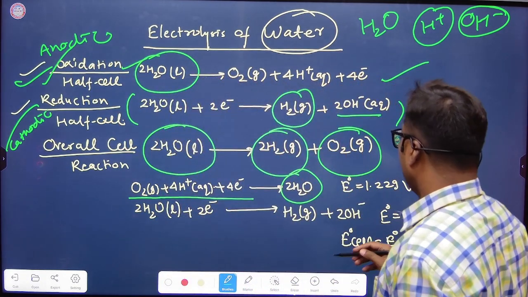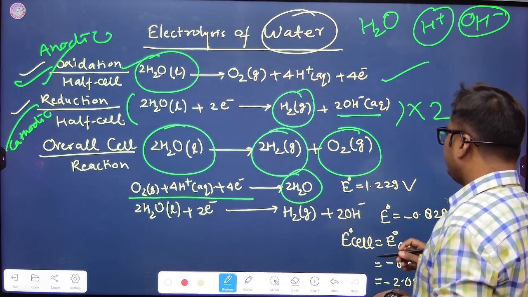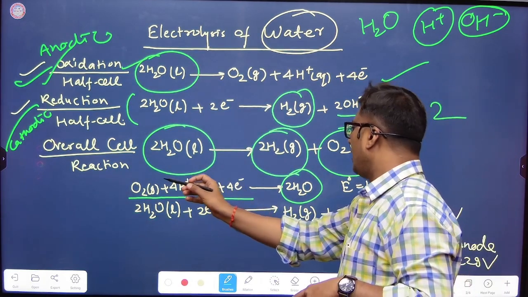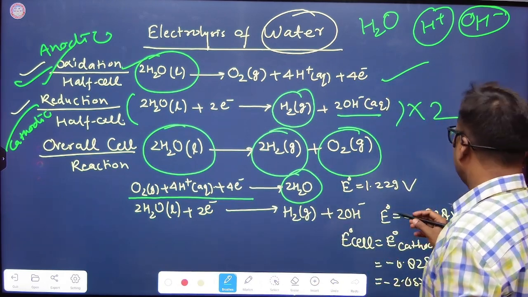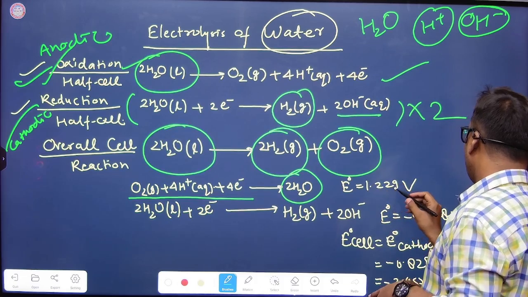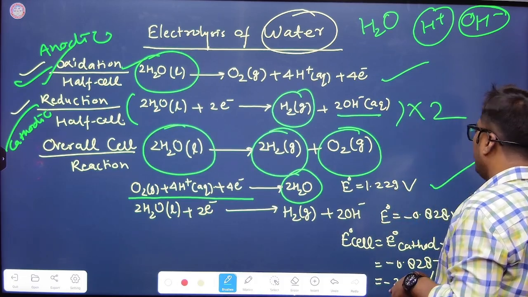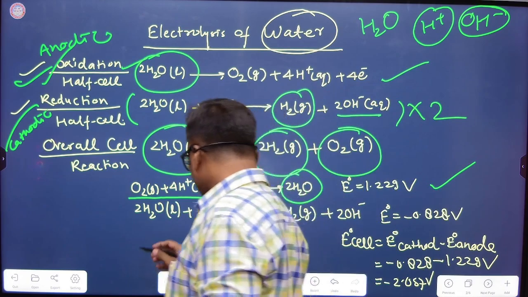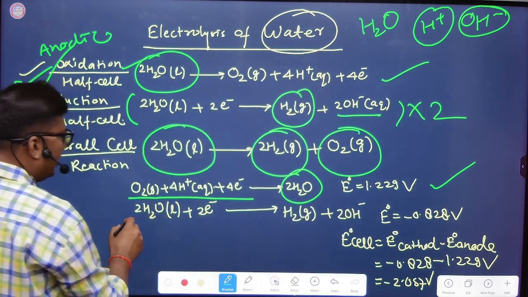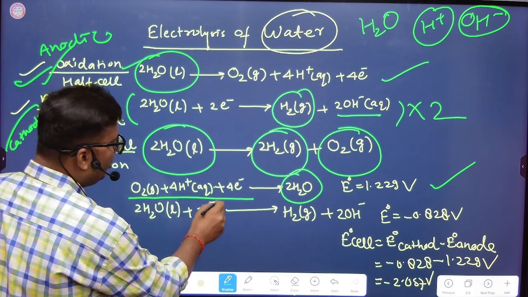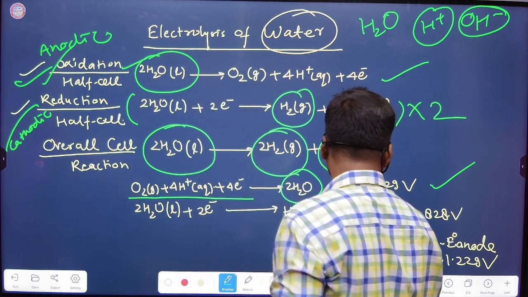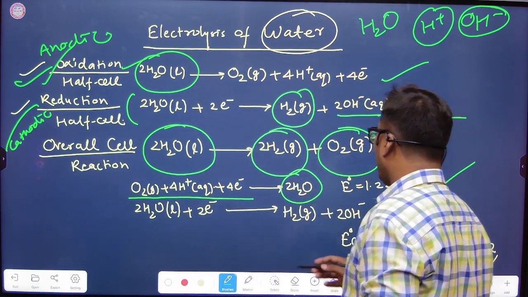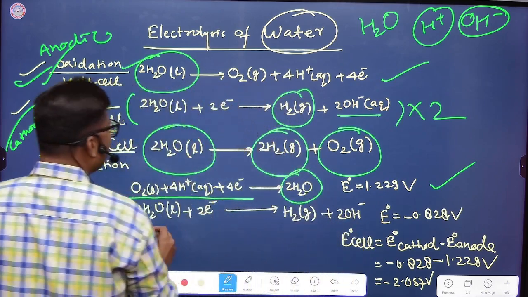Now from the electrochemical series, this reduction reaction has a potential, that is E0 equal to 1.229 volt, right? Now another reaction is 2H2O liquid plus 2 electrons giving H2 gas plus 2 OH minus. So here again this is a reduction reaction.